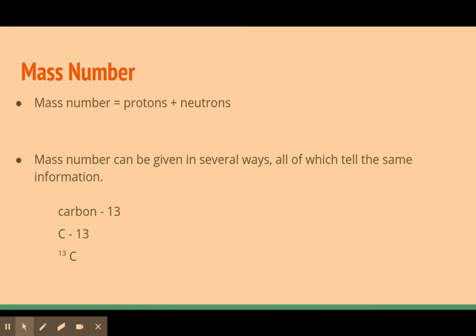It could be written with the 13 as an exponent at the front. That 13 is the mass number. Or it could be written with 13 at the top, 6 at the bottom, and your symbol. So 6 in this situation is your atomic number, and 13 is your mass number.